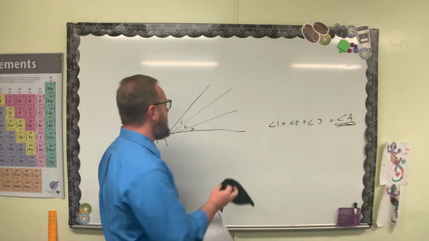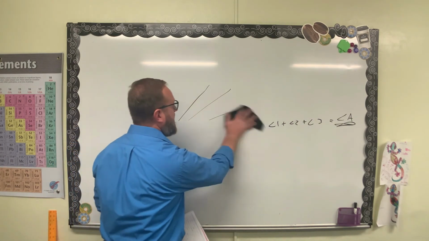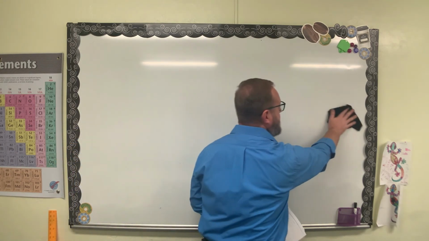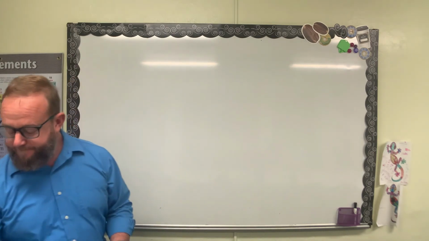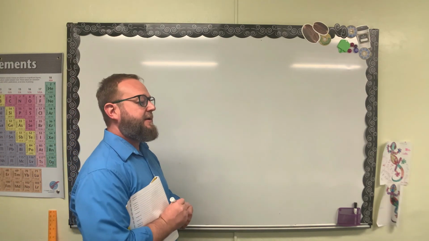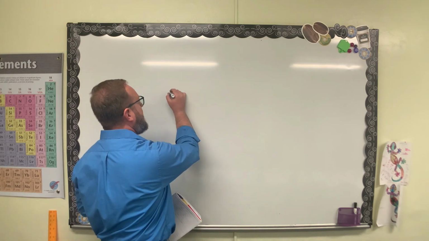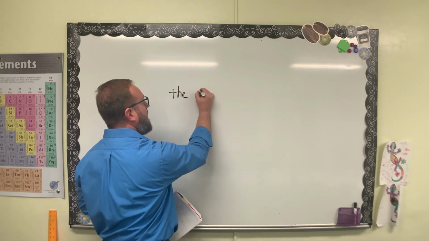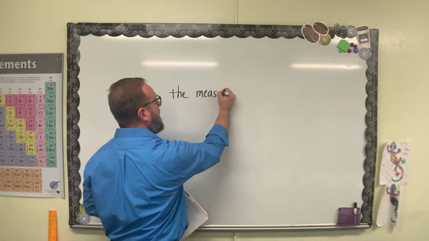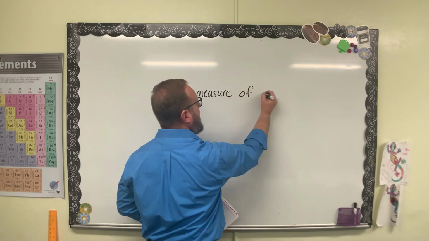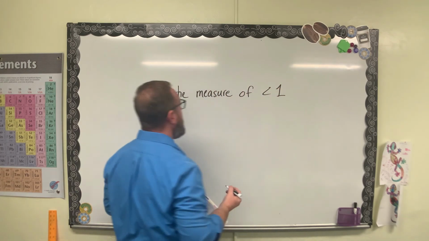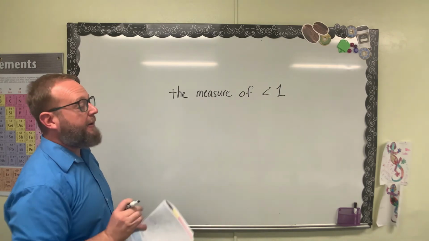What does it mean when the M is in front of it? Probably measure. So you read that as the measure of angle 1.